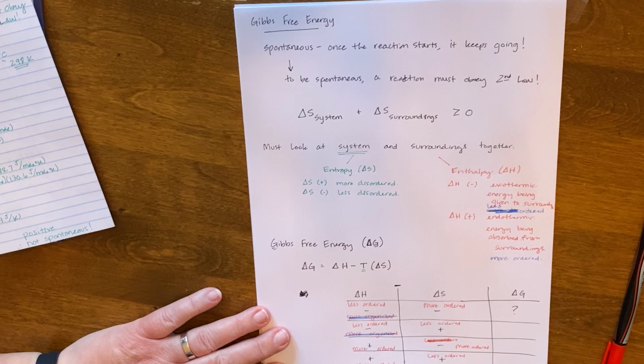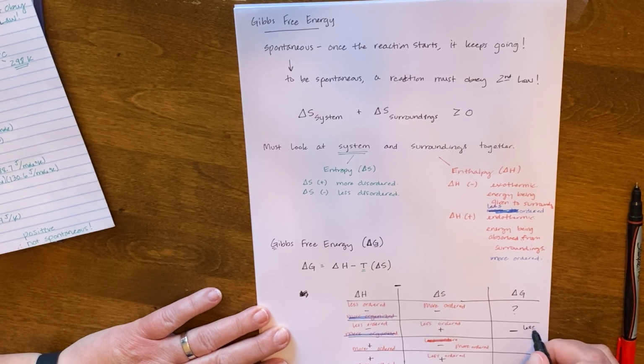Now we have a less ordered surroundings and a less ordered system. So our delta G is going to be negative. Mathematically, we have a negative minus a positive, which will always give us a negative answer.